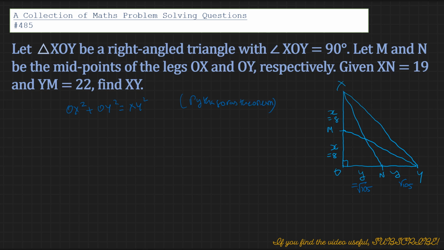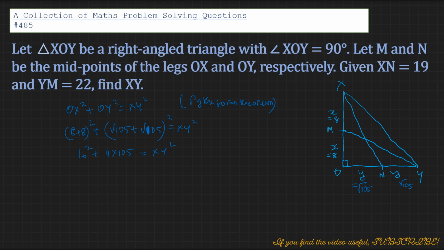So we know OX is 8 plus 8, whole square, plus OY again is root 105 plus root 105, whole square, is XY square. So we get 16 square plus 4 times 105 equals XY square.